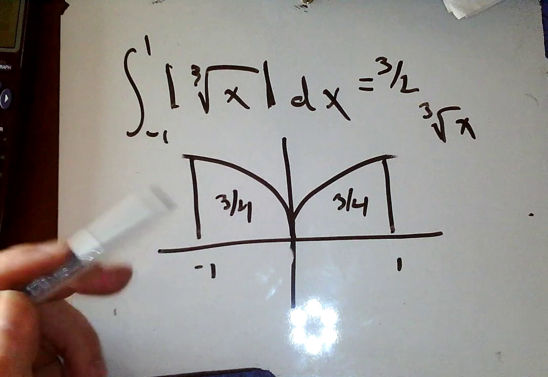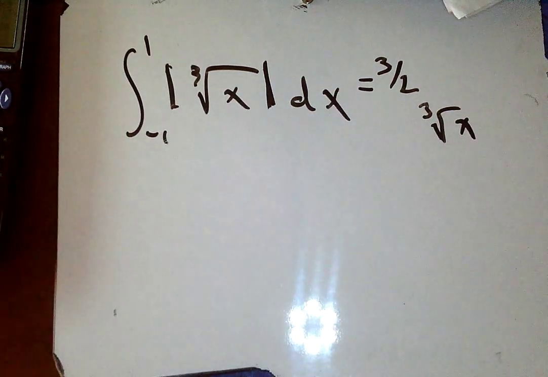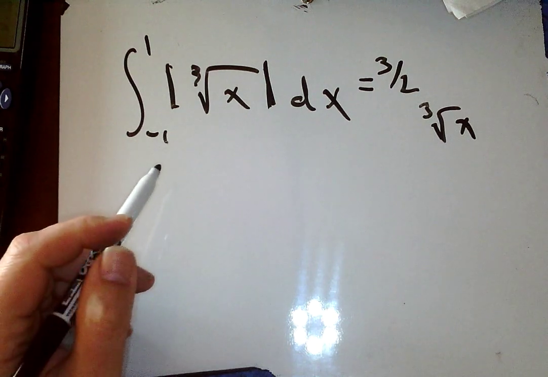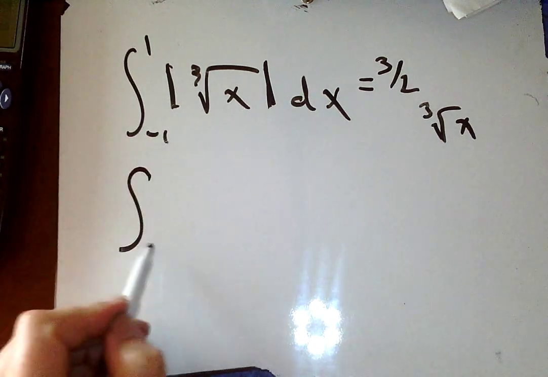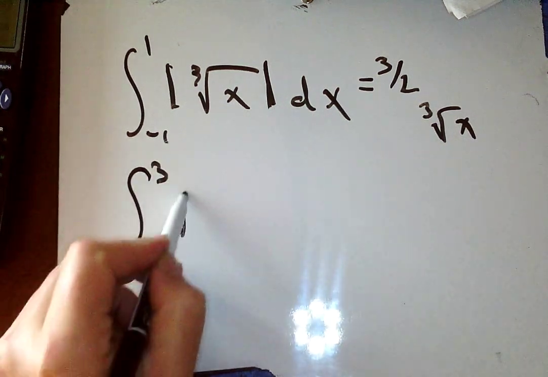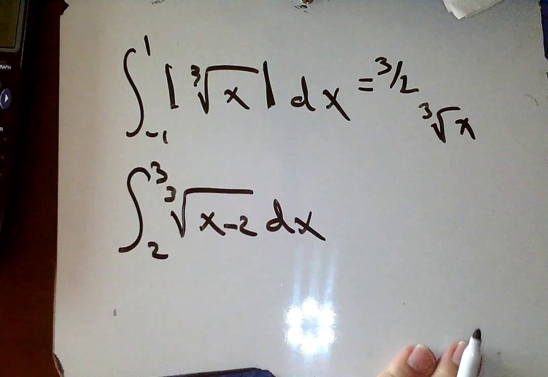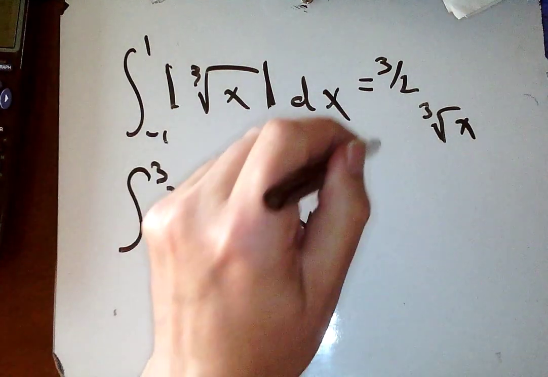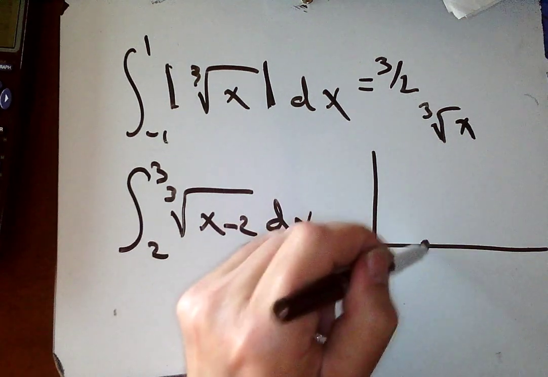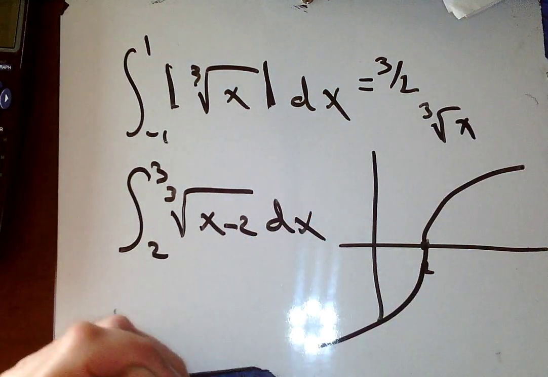Okay? Didn't need to pick up a calculator, didn't need to do a lot of fancy stuff, did have to think about this graphically. Okay, how about this one? The integral from 2 to 3 of the cube root of x minus 2 dx. I know, right? Kukla, what are you doing here? Well, but think about it, and think about it graphically. Here's 2. Here's my cube root of x graph, right?